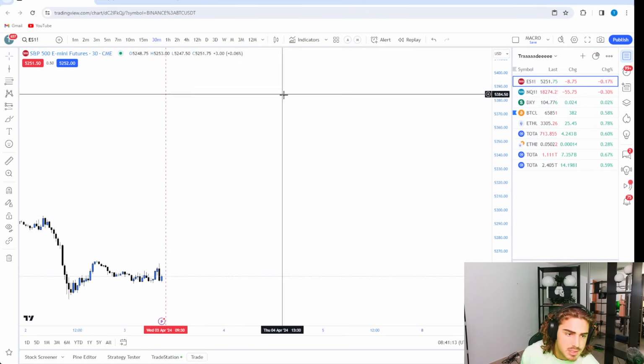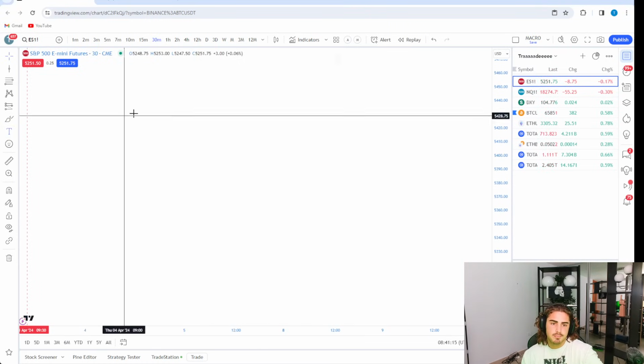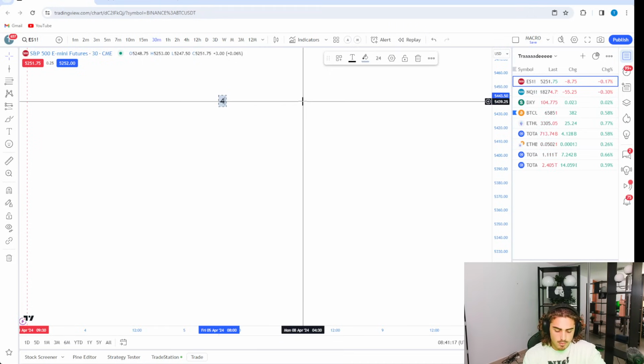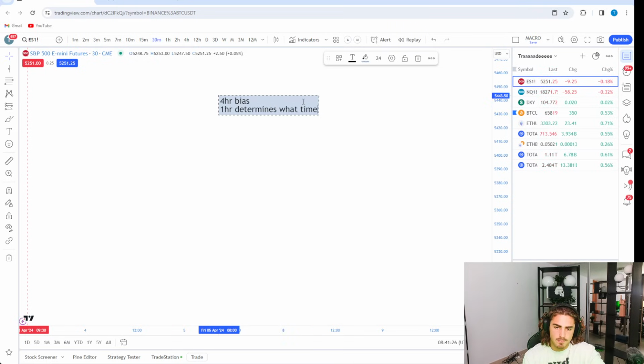So right now, our strategy consists of this: 4-hour bias based on the trend. 1 hour determines what time frame we can scale into to take trades, okay?